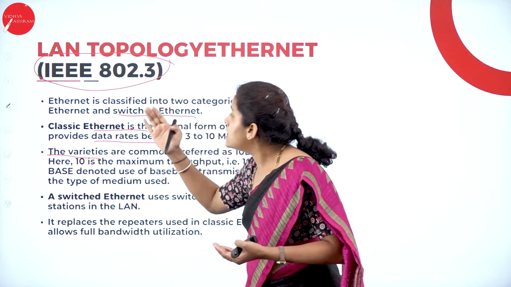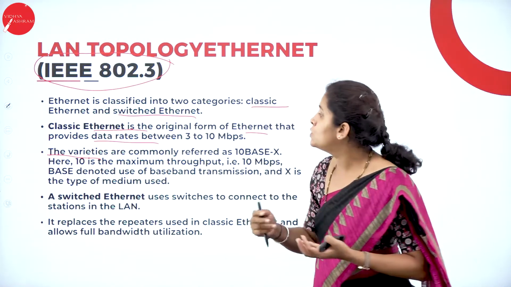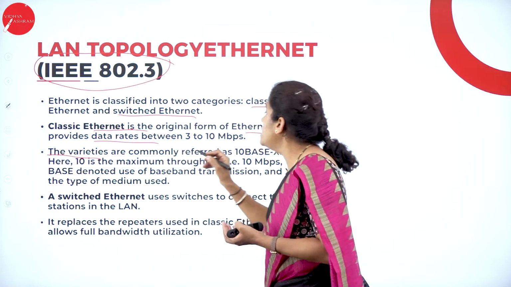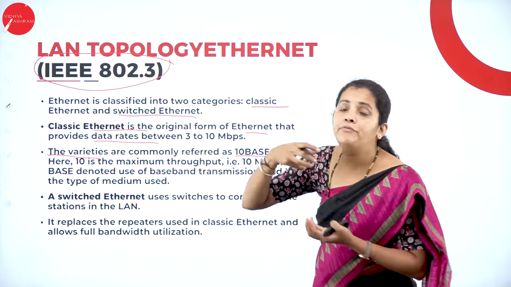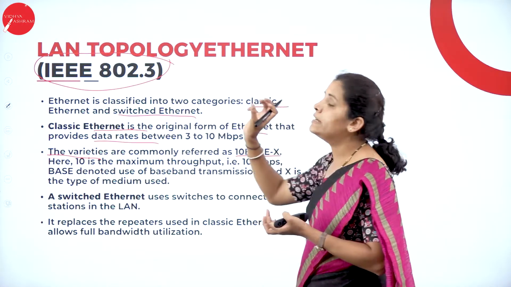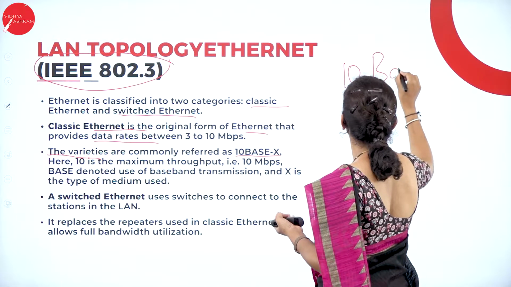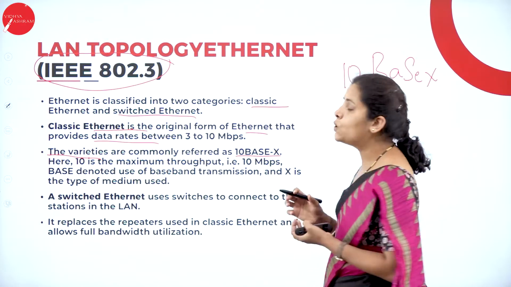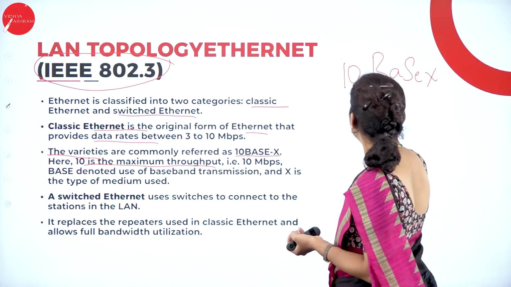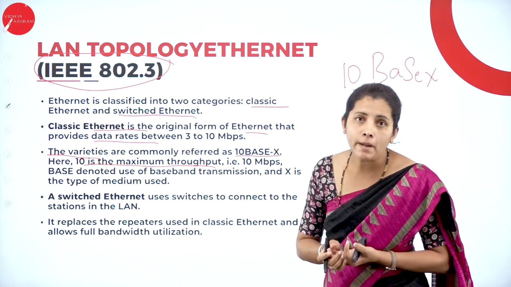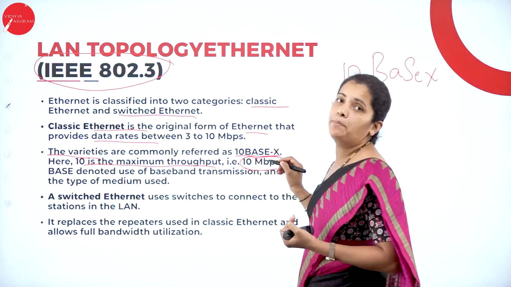Classic Ethernet standards have different varieties, commonly referred to as 10BASE-X, where 10 is the maximum throughput, that is the data rate of 10 Mbps.